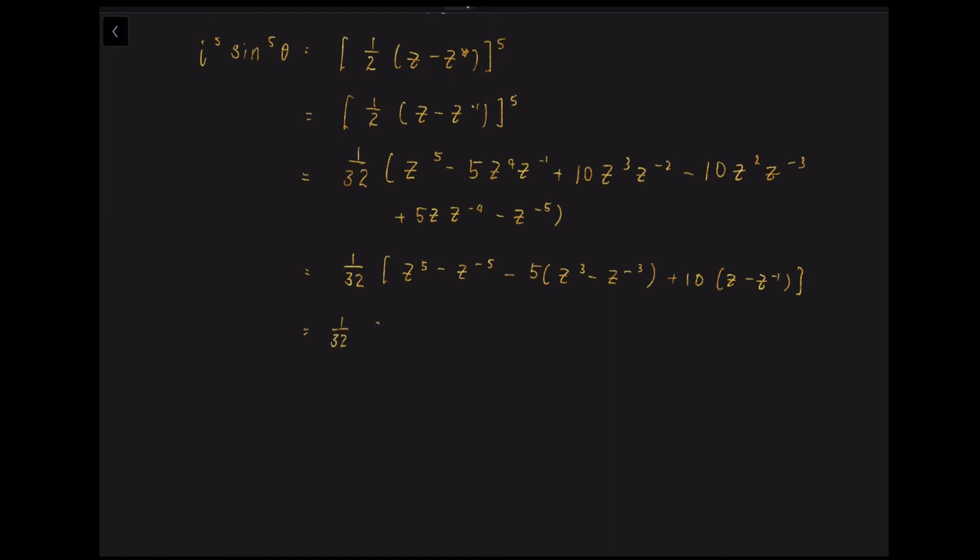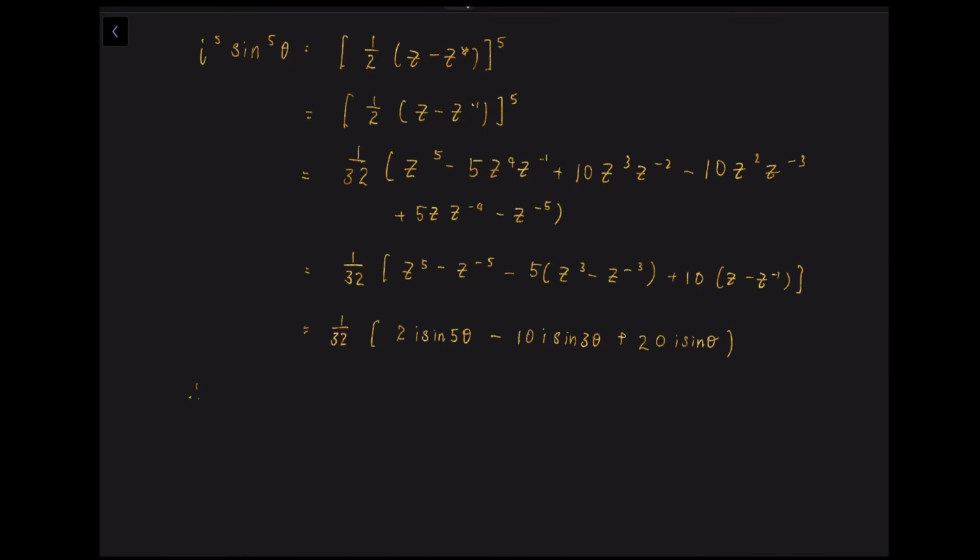So z to the power of 5 minus z to the power of -5 is 2i sine 5 theta, and z to the power of 3 minus z to the power of -3 is 2i sine 3 theta. And the final one is 2i sine theta.